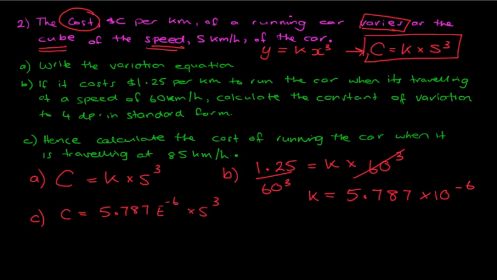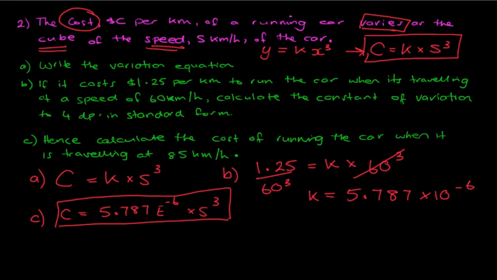Now, you might have asked why I put e negative 6. Well, remember, e means simply times 10 to the power of, and I just wanted to save a bit of room and a bit of time. So that's our actual formula. It's a bit more advanced than the first formula because we have that k value in. And now all we need to do is substitute that 85 kilometers per hour, which was the speed.